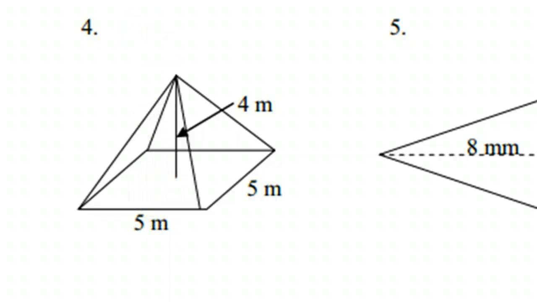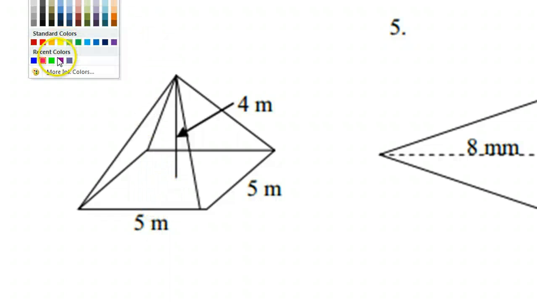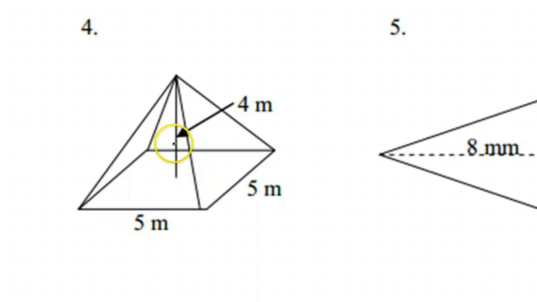Alright, problem number 4. Again, pause the video and try to do this problem by yourself. Once again, the volume is going to be 1/3 area of the base times the height. For this problem, the base is this square down here. Okay, that's the base. So the area of the base is going to be 5 times 5, so that's 25.